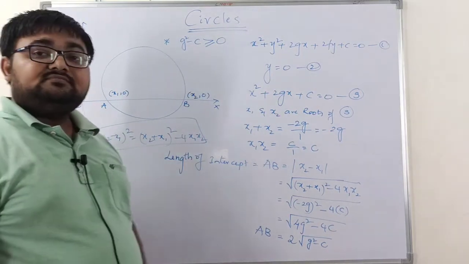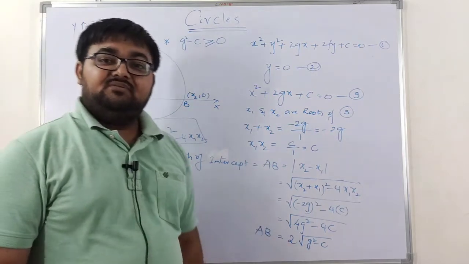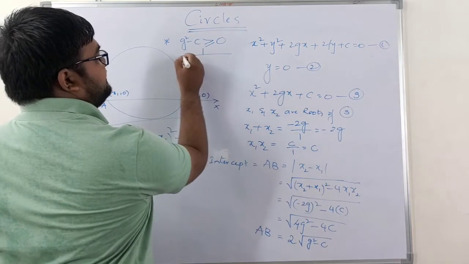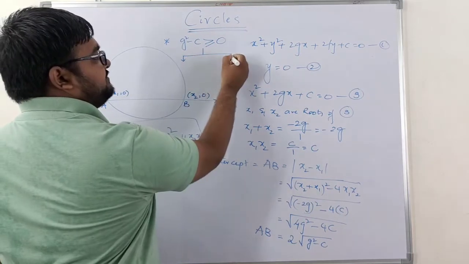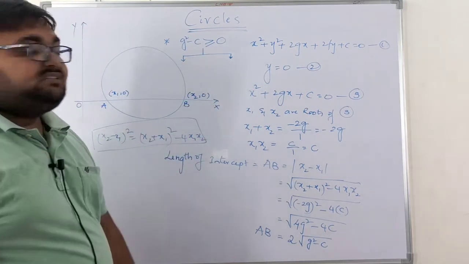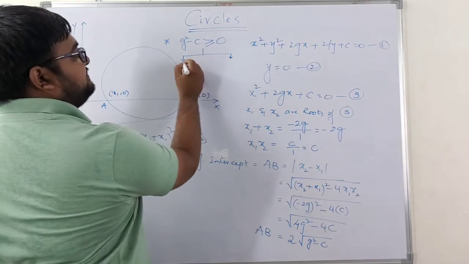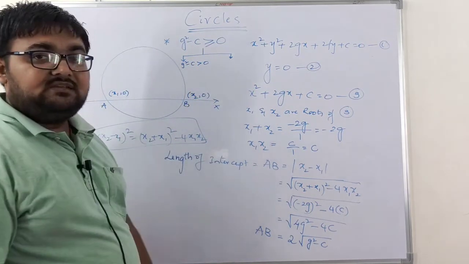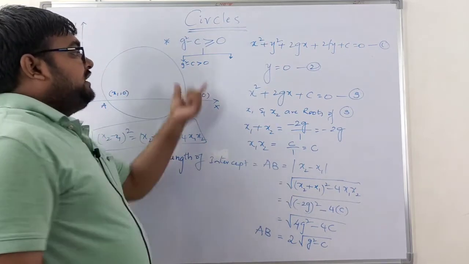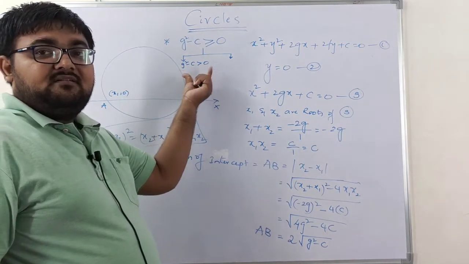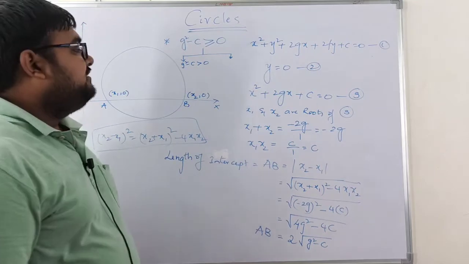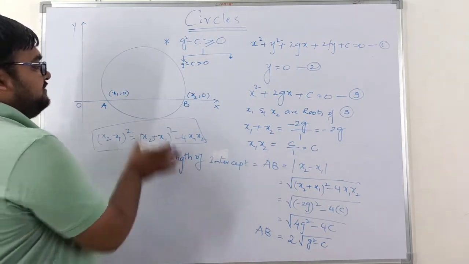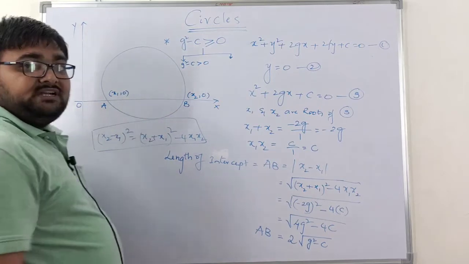So here again arise 2 points. If g square minus c is strictly greater than 0, then this is nothing but like my discriminant. So if g square minus c is greater than 0, then I will get some distance.